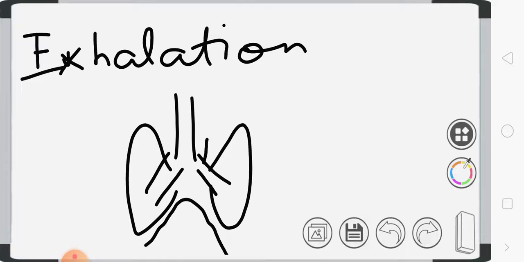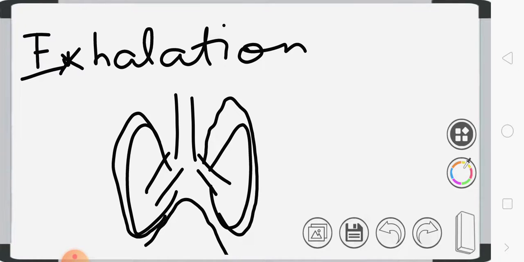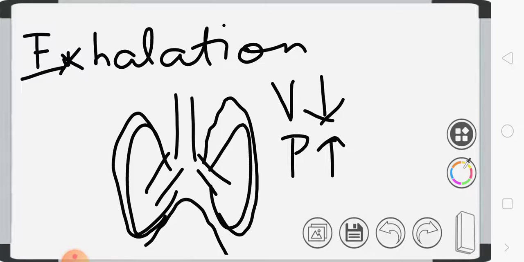They too relax. The rib cage comes down and it reduces the volume. So volume decreases, pressure increases, and because of the difference in pressure, air is forced out. That's exhalation. So this is a simple process of breathing in and breathing out.